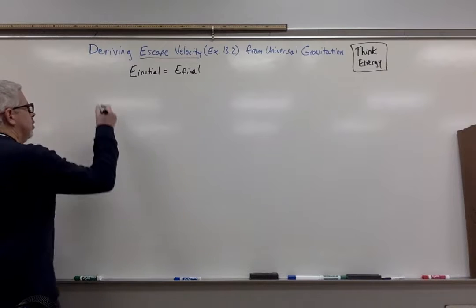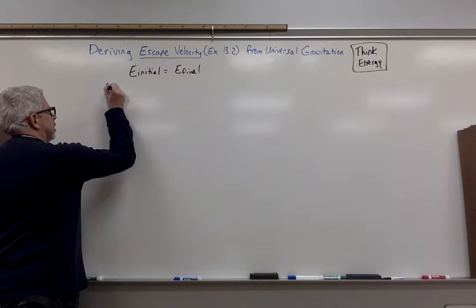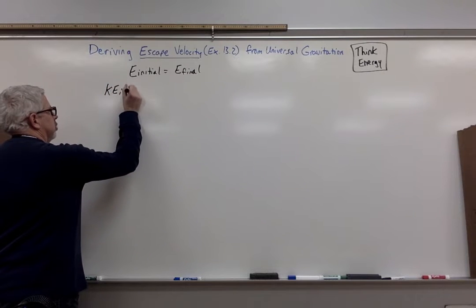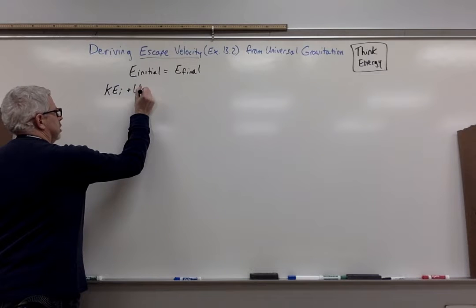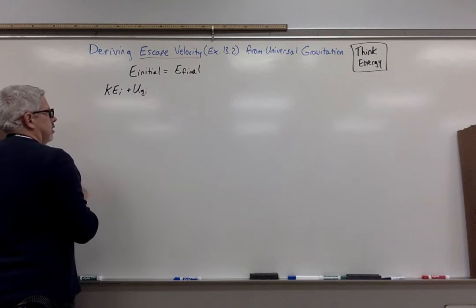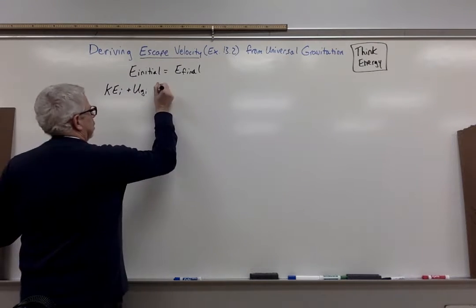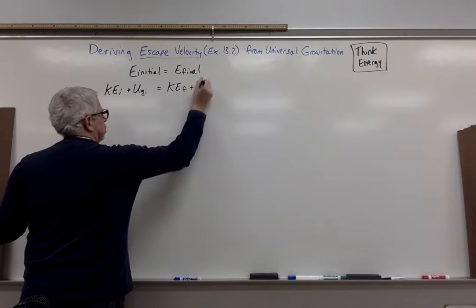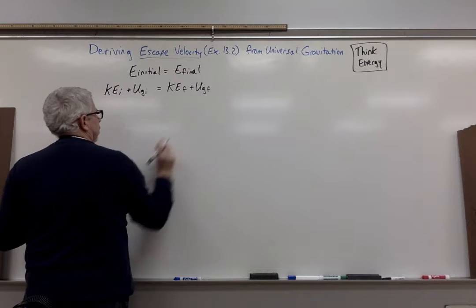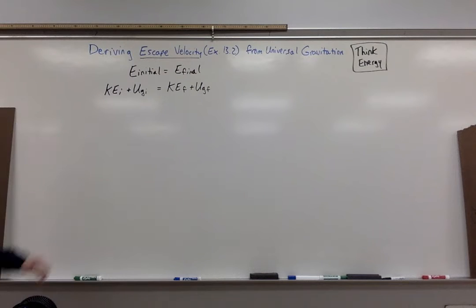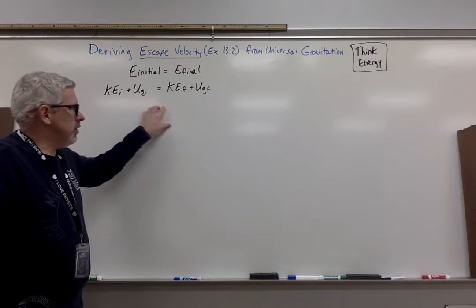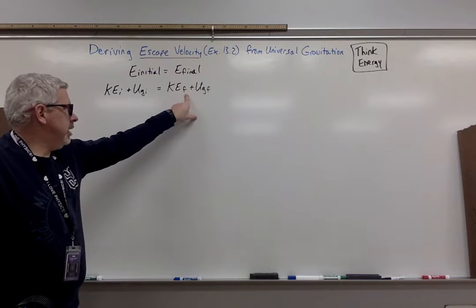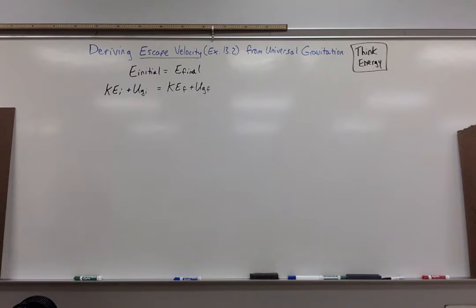In this case, we want to think about our initial energies, KE initial plus UG initial, equals KE final plus UG final. So initial kinetic energy plus initial gravitational potential energy equals final kinetic energy plus final gravitational potential energy.